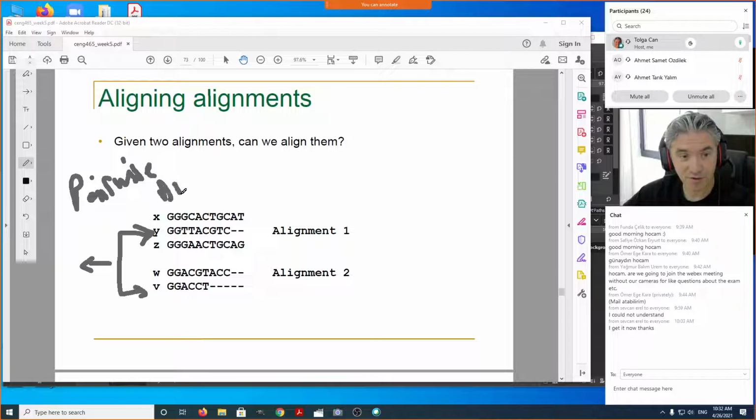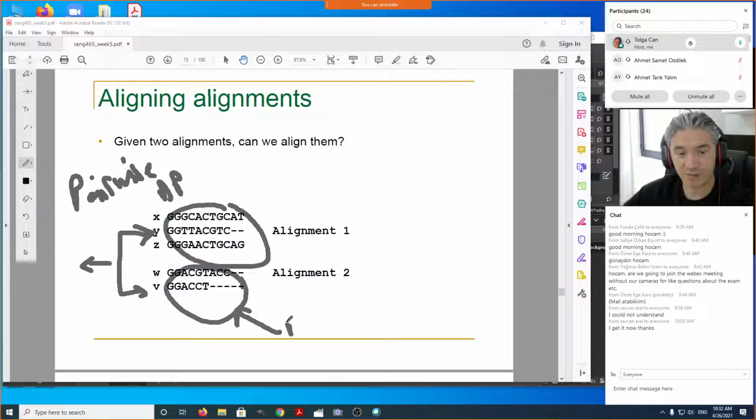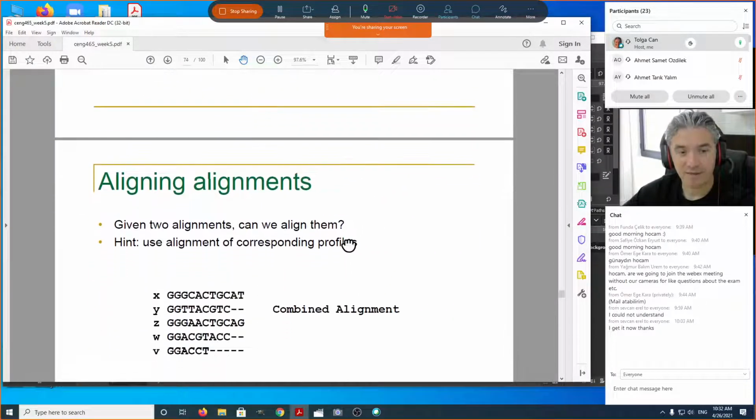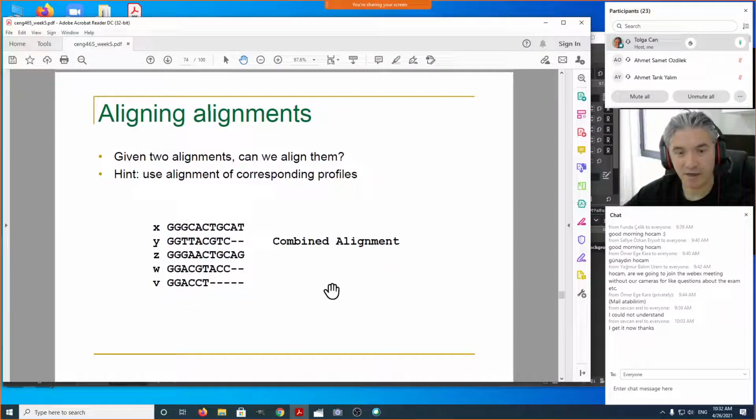You can use the pairwise dynamic programming technique that we have seen to align this one against this one, if you represent each as a PSSM or profile, to obtain another combined profile.